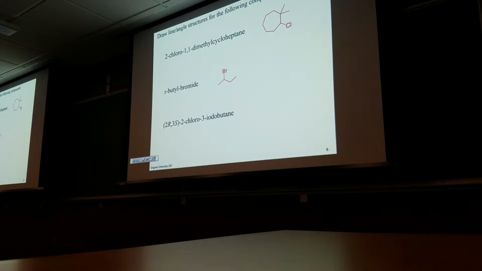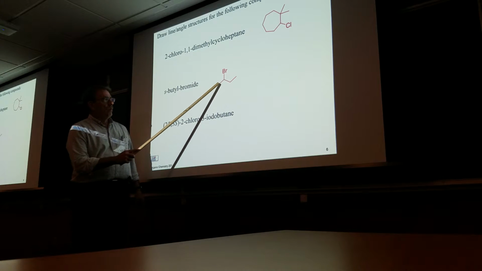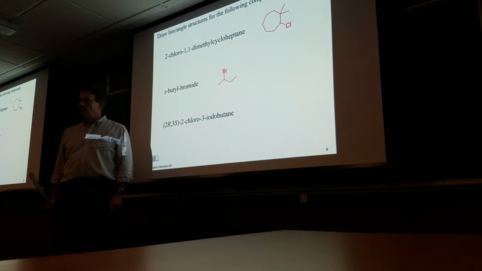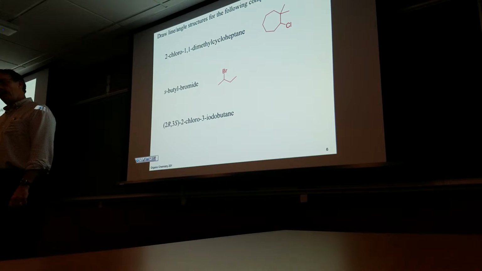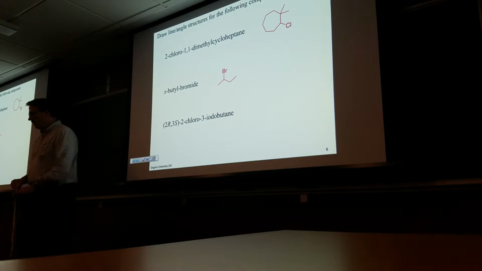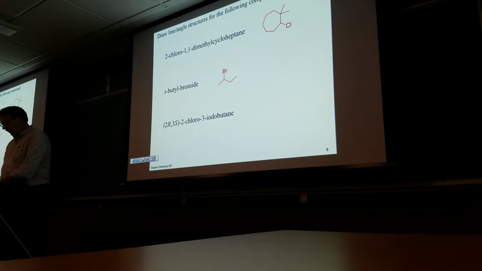Yes? So it doesn't ask us for the common one. We could have named that the 2-bromide. 1, 2, 3, 4. We could have named it 2-bromobutane, yeah, right? Absolutely. Okay. Same compound.